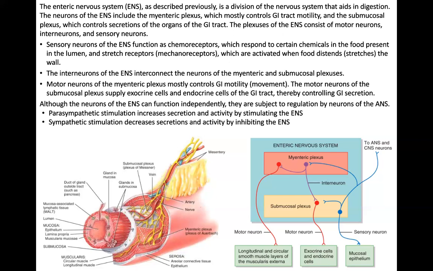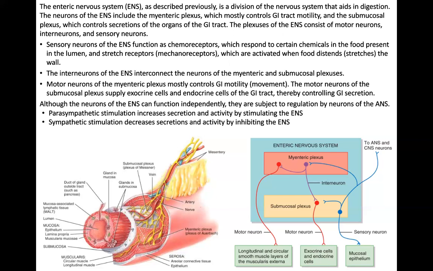I don't know what the pH of it is, but drinking that Dr. Pepper into my stomach is going to drop the pH in my stomach. And these chemoreceptors associated with our stomach, which is not what's shown here, but I'm going to prove the point anyway, those chemoreceptors become activated by that change in pH.